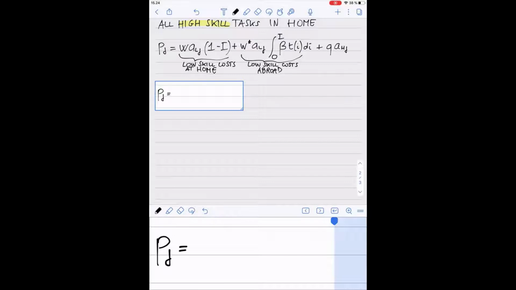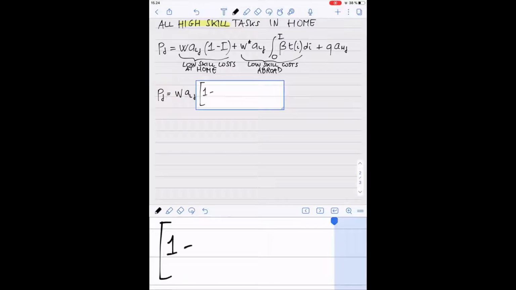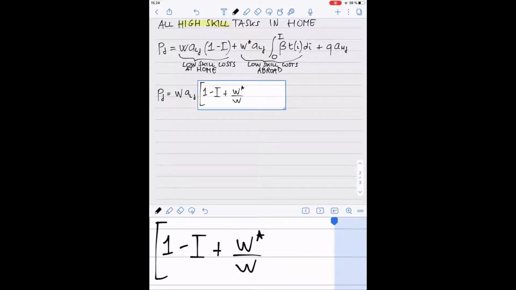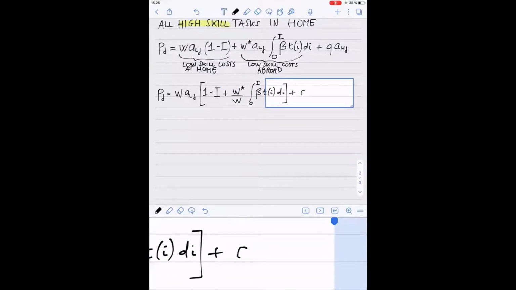So to do that, let's factor out W ALJ, which gives us, well, first of all, it gives us 1 minus capital I plus W star over W integral beta t i di, from 0 to capital I, plus Q AHJ.